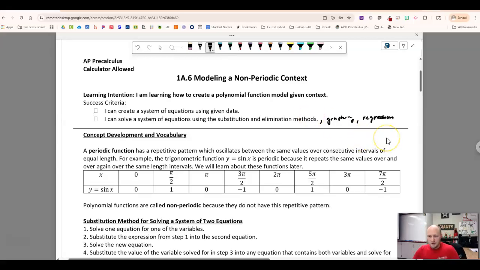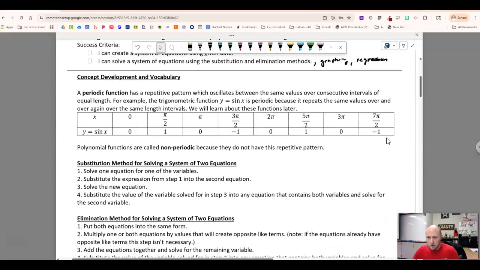So first of all, I do want to talk about what a periodic function is, and the data that we're going to be looking at today will not be periodic at all in nature. A periodic function has a repetitive pattern which oscillates between the same values over consecutive intervals of equal length.